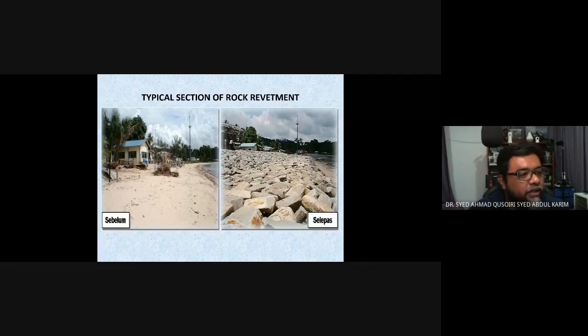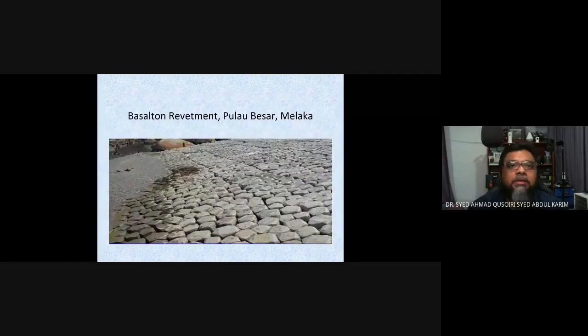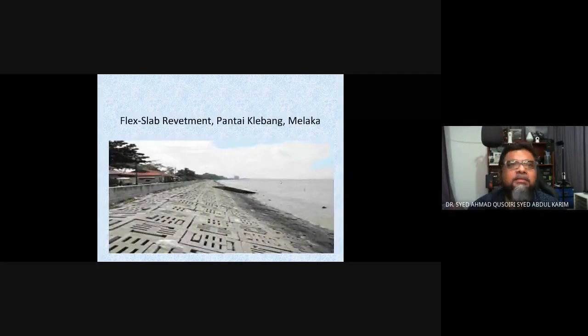Cost dia lebih efektif lah. Basaltic revetment, okay, batu-batu ni. And flex slab. Okay. These are interlocking tile. Interlocking concrete. Okay. So dia susun, dia lekat to each other macam orang main Lego lah.